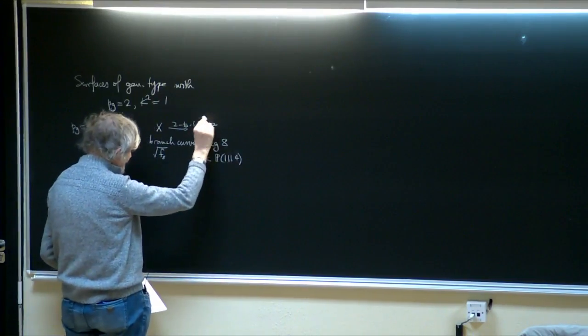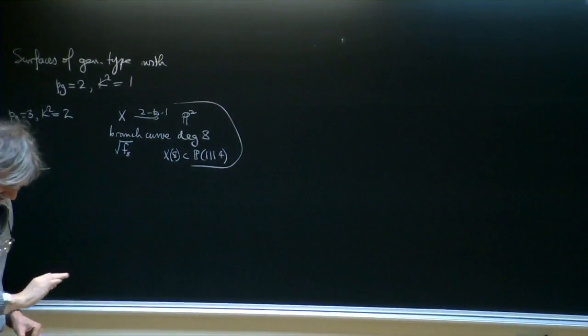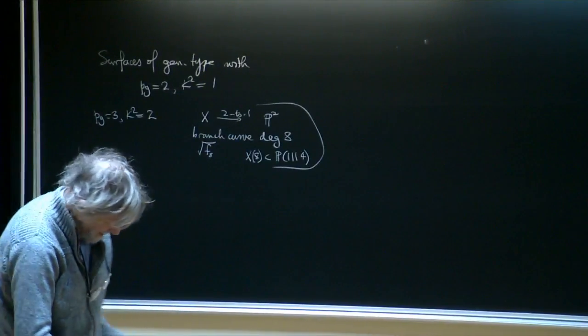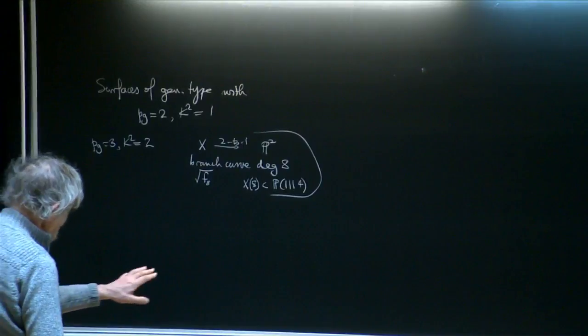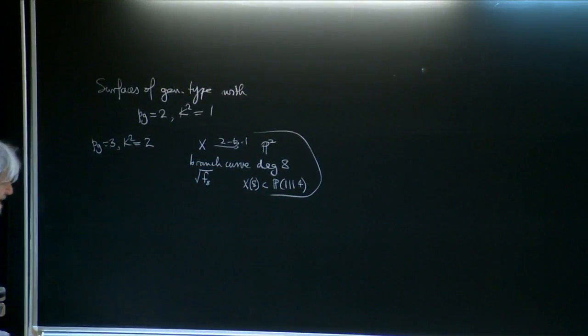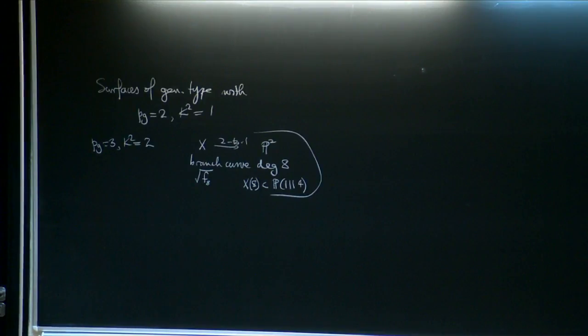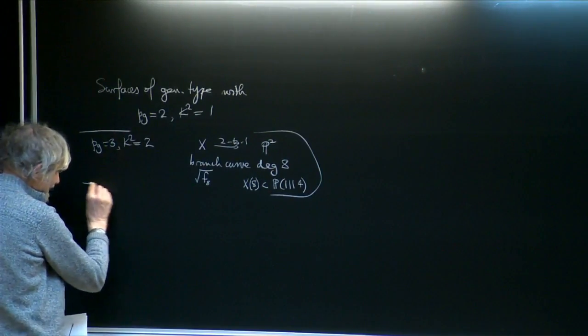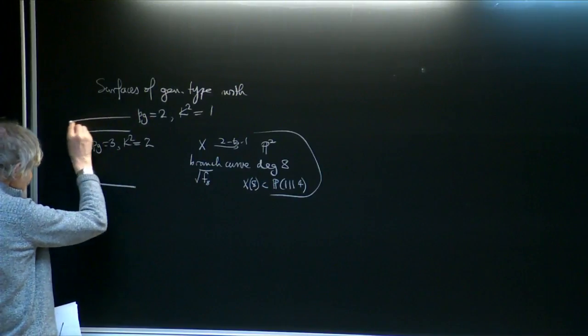But in any case, this one is well known, and everybody in classical Italian geometry knew how to do it without worrying about this artificial representation in weighted projective space. So that's just an exercise. So let's look at this one.